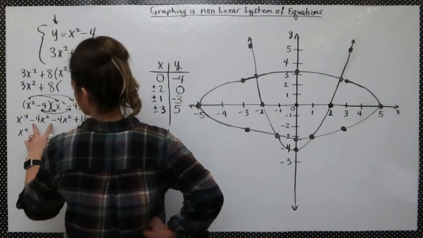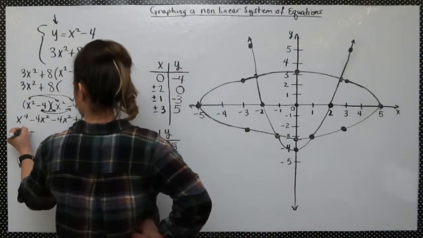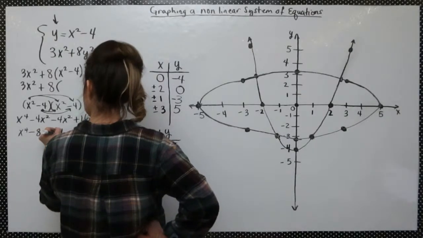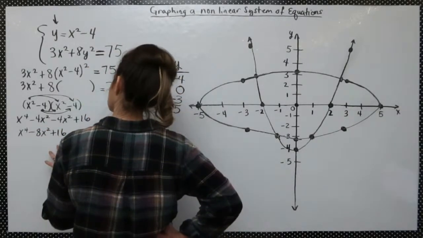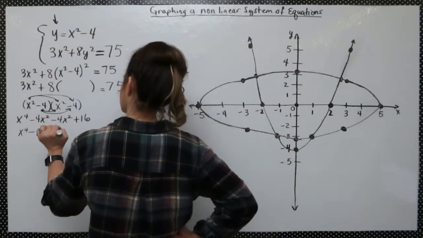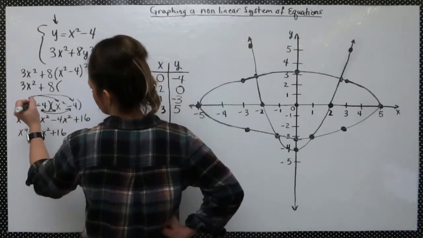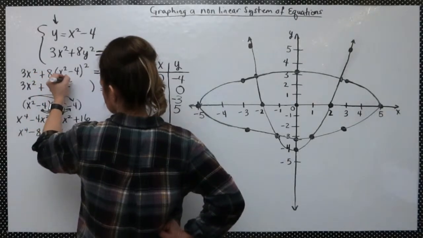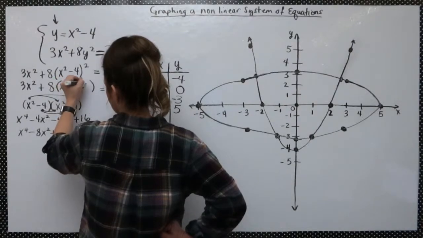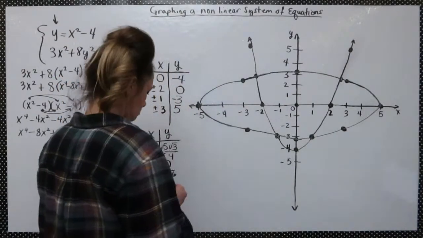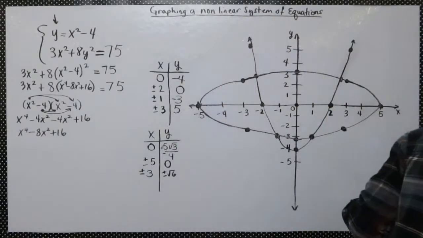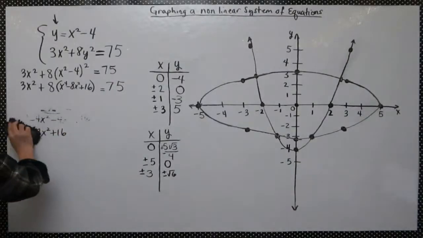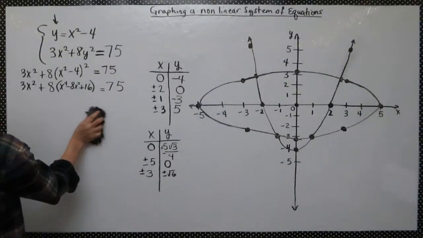We have x to the 4th, and 2 x squared terms, so add the coefficients, keep your exponent, and then that's plus 16. That's how you find the expanded form when you multiply two binomials. So we have x to the 4th minus 8x squared plus 16. And just erase this one here. All right.